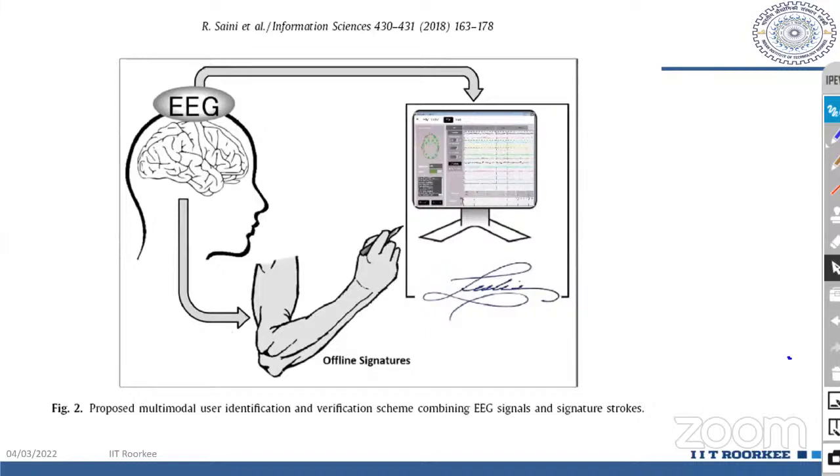During the signature, how is their mentality, how is their mental status? So all these things we are measuring, and then we take the EEG signal.